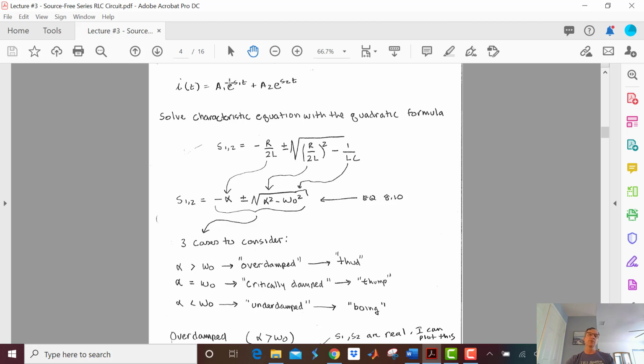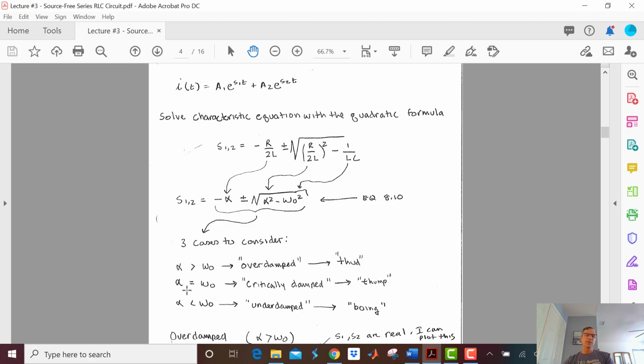And then as time goes on, we'll have a little exponential decay here, thud, and we'll have an exponential decay here, thud, and we're going to add our thuds up, and we're going to get a thud kind of response. And we're going to call that overdamped. That's the term that we use. That's another toadstool. Where will you see that toadstool again? You'll see it a lot in control theory in your control systems class.